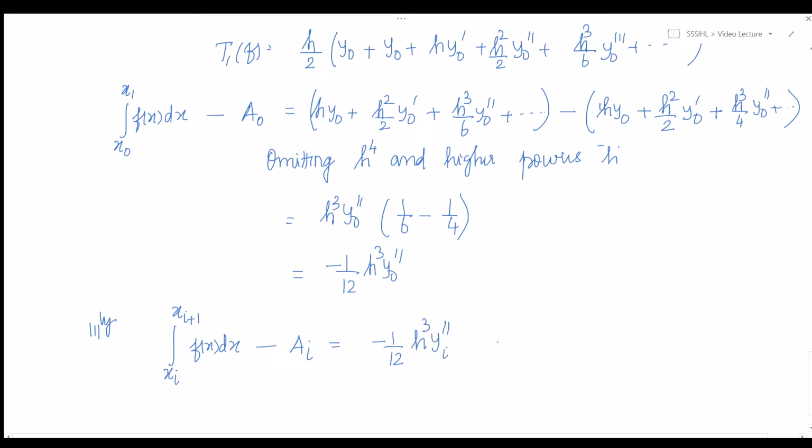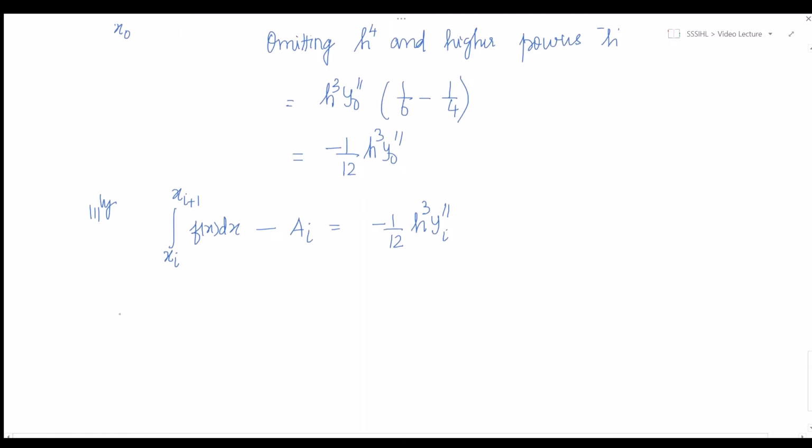So adding all these values, we have the integral x0 to x1 of f of x dx plus the integral x1 to x2 of f of x dx plus etc., where i is equal to 0, 1, 2, 3 etc. up to n.